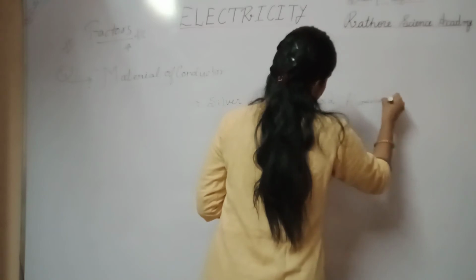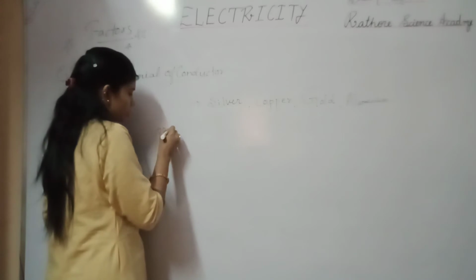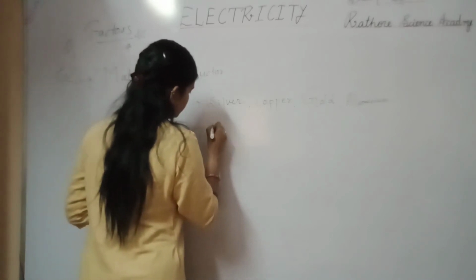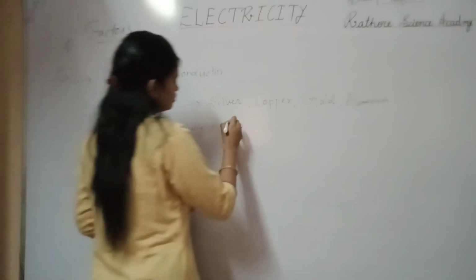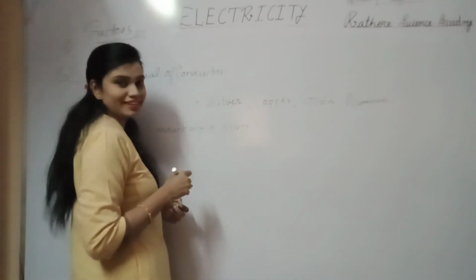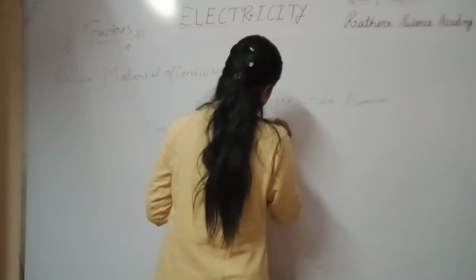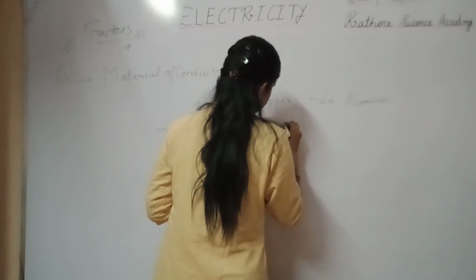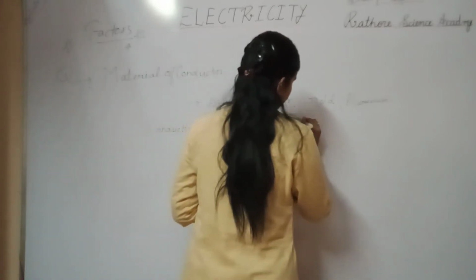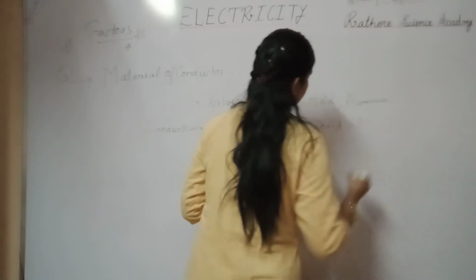So you all know that if we arrange them on the basis of their conductivity, that means current carrying capacity, you will find that silver has the best conductivity, then copper, then gold, and then aluminium.